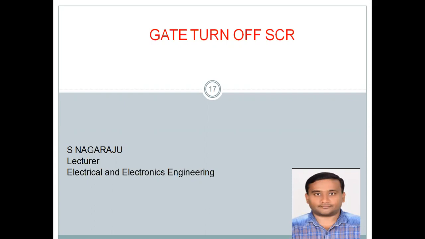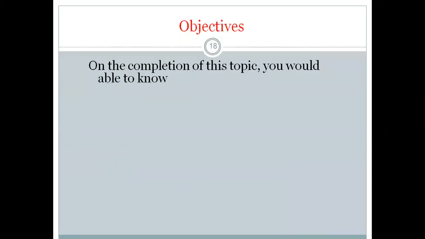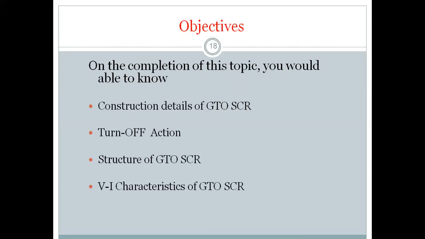A gate turn-off SCR is also called GTO. It is a member of the thyristor family. It is a three-terminal, anode, cathode, and gate, four-layer PNPN device.